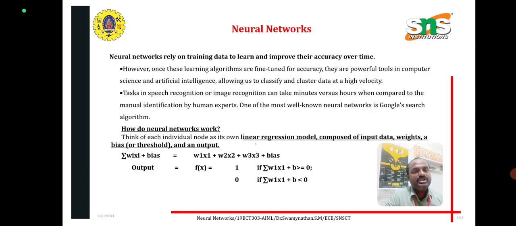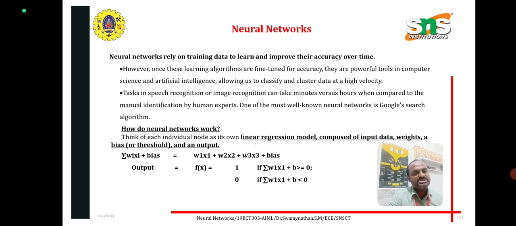Neural networks use training data to learn and improve their accuracy over a period of time. How it works: it is based on a linear regression model, composed of the input data, and defined by weight functions. Summation of Wi times Xi, where Wi is the weight and Xi is the input node, plus bias.